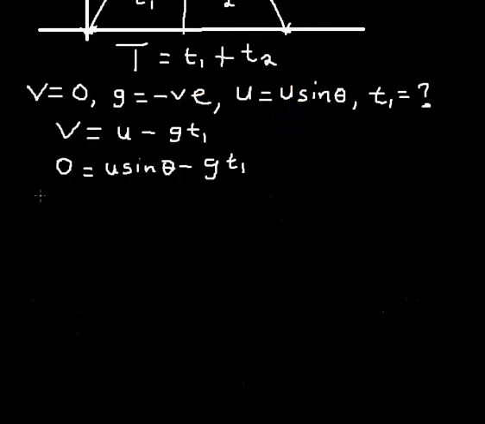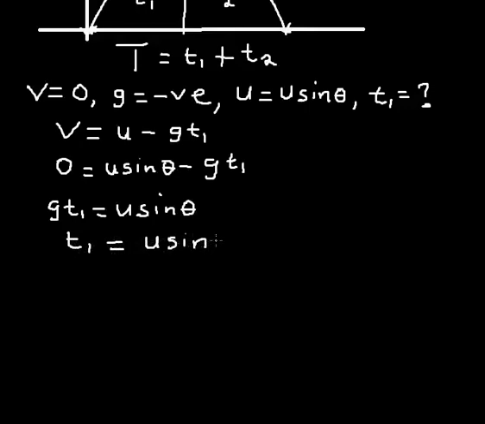If I rearrange this equation, minus gt1 goes to the other side, becomes plus gt1, equal to u sine theta. So that way the time to reach the maximum height is u sine theta divided by g.